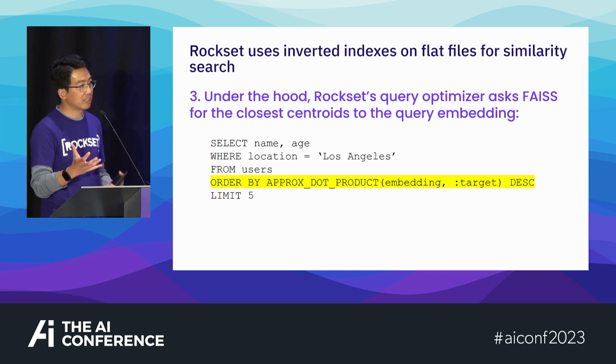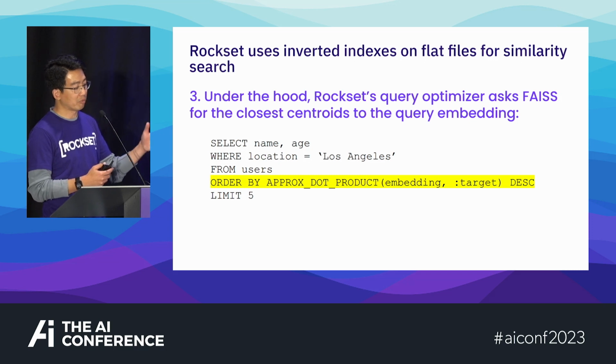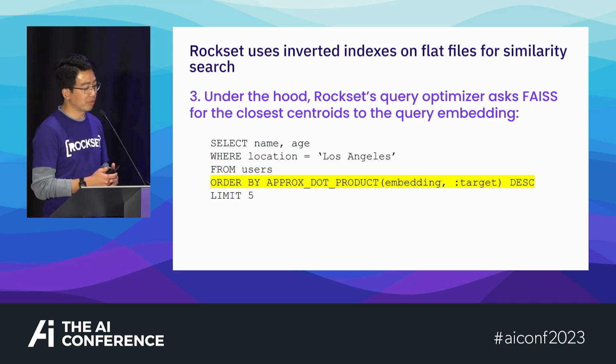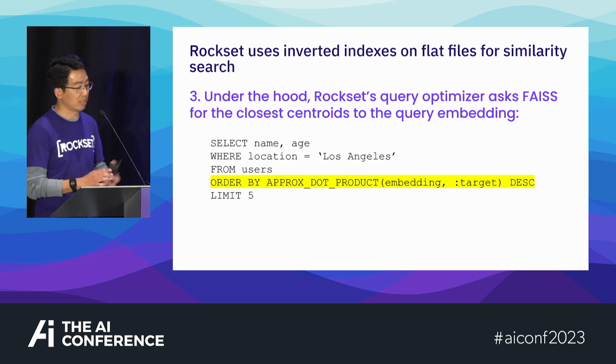You can ingest heavily at the same time as you are querying. So for example, the query we might ask might be something like that. We want to look for certain folks, name and age, that are in a certain location, and we want to do a similarity search where we are ordering by a dot product here.